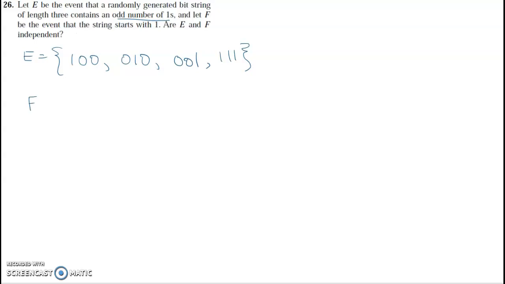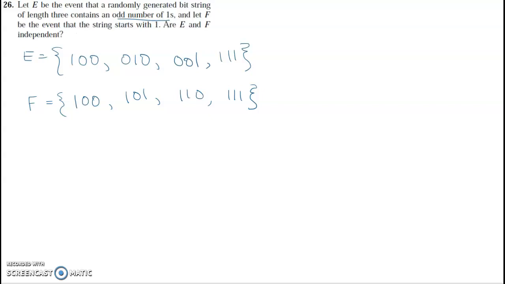Alright, so that's our event E. Let's talk about event F. So F is an event that the string starts with 1. Okay, so it has to start with 1, and we can have 1, 0, 0, 1, 0, 1, 1, 1, 0, and 1, 1, 1. I think that's all the cases.